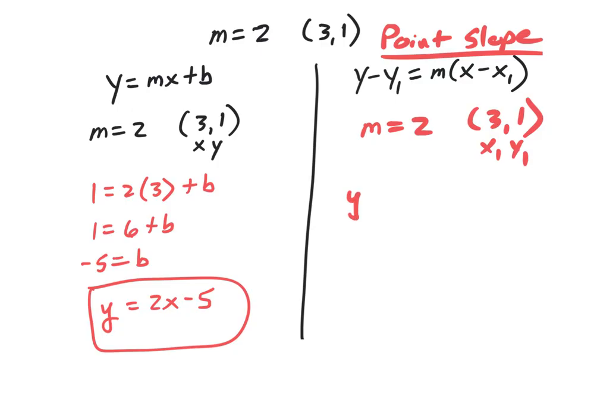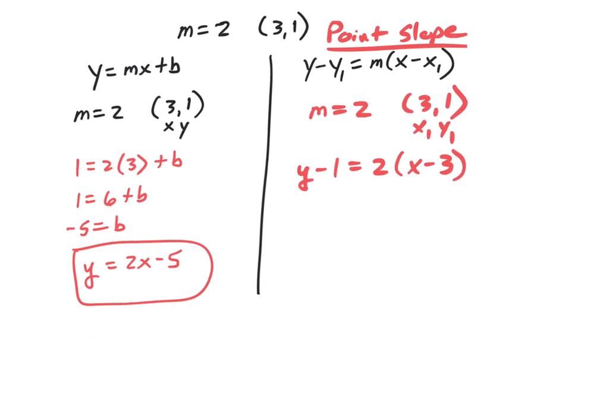So we're going to go y minus (-1) equals 2 times (x minus 3). This right here is our point slope form. If they ever ask us to write an equation in point slope form, we're done. That would be how we're going to leave it.